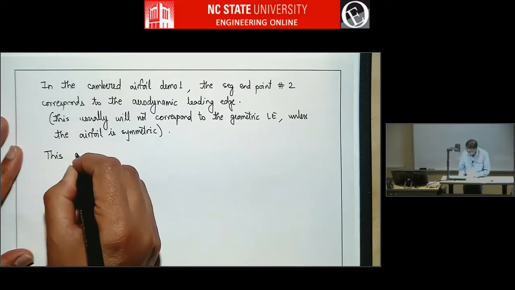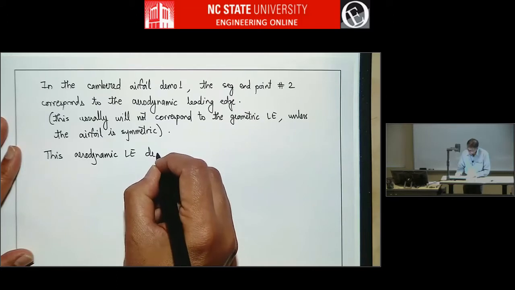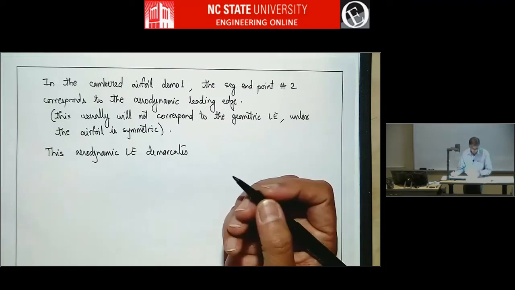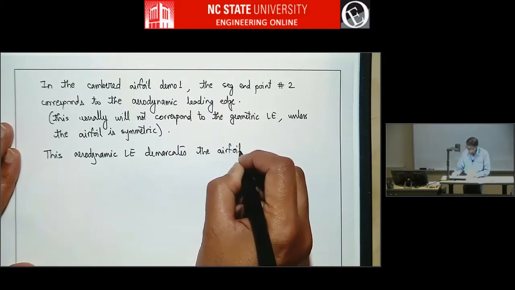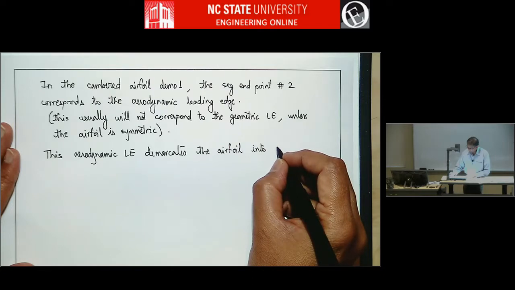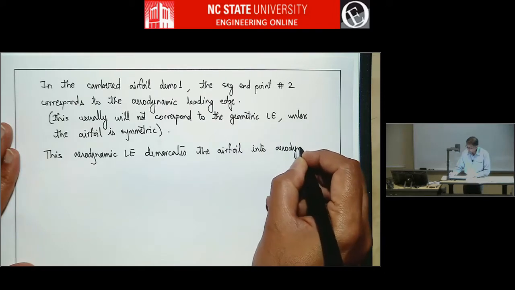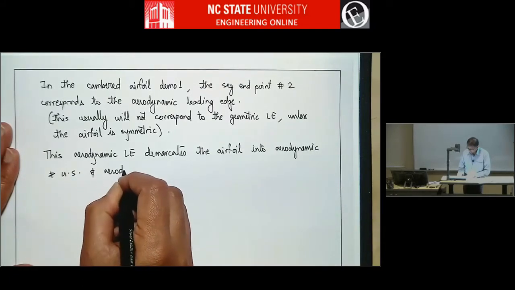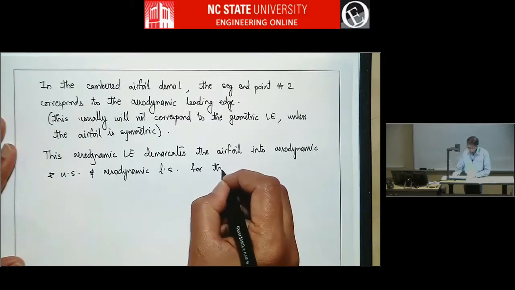So this aerodynamic leading edge demarcates, or divides, the airfoil into, let's say, aerodynamic upper surface and aerodynamic lower surface for the alpha star rules.